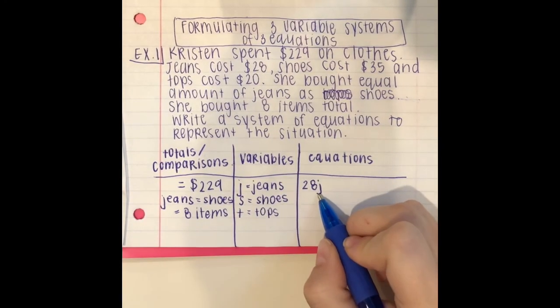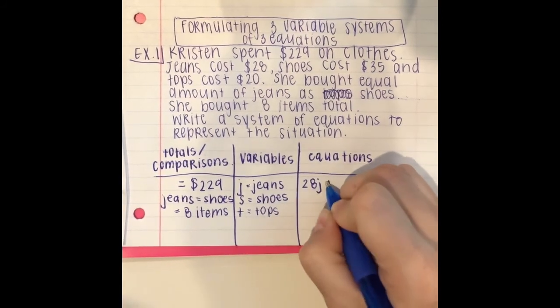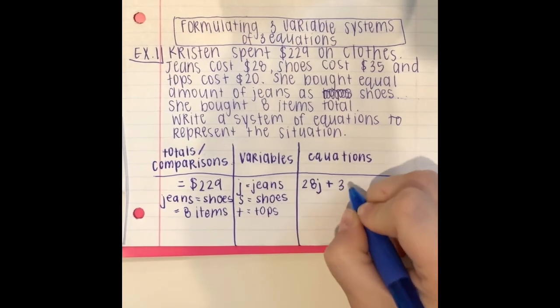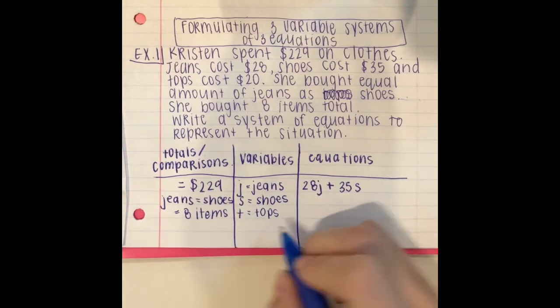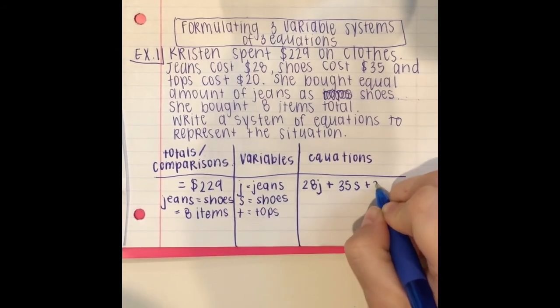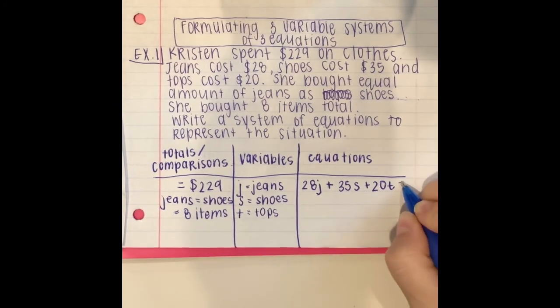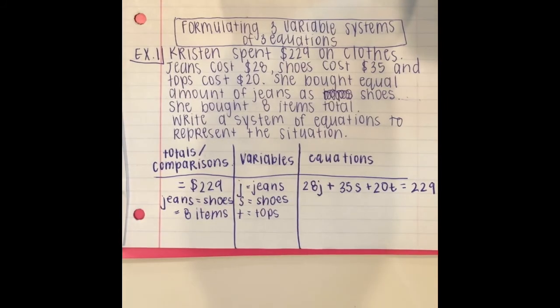So for each jean she bought, she spent $28. Plus, for each pair of shoes she bought, she spent $35 for each pair of shoes, right? And then for the tops, she spent $20 per top that she bought. And all of that totals up to be $229.